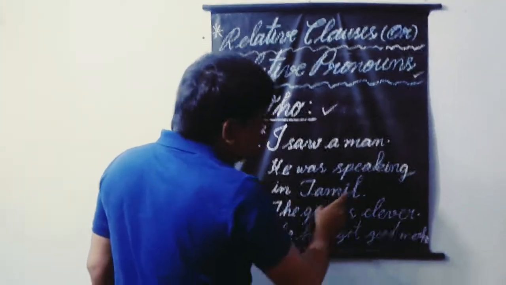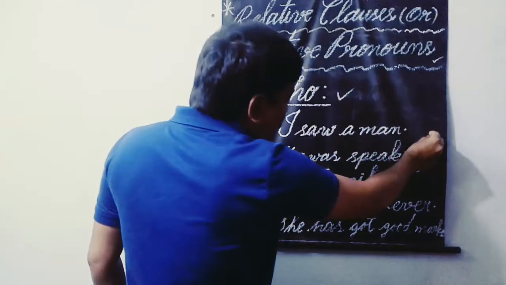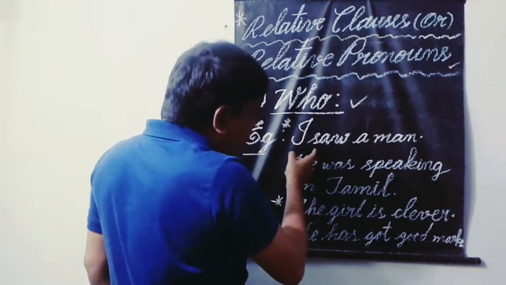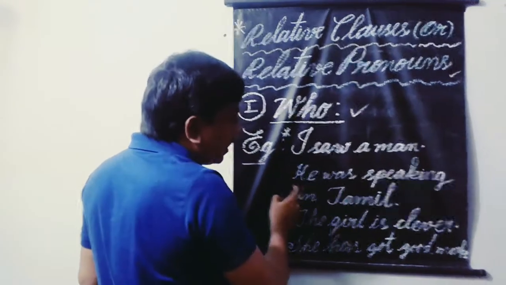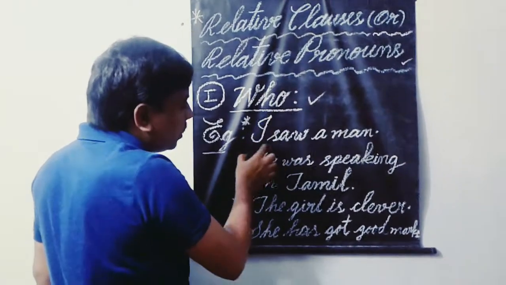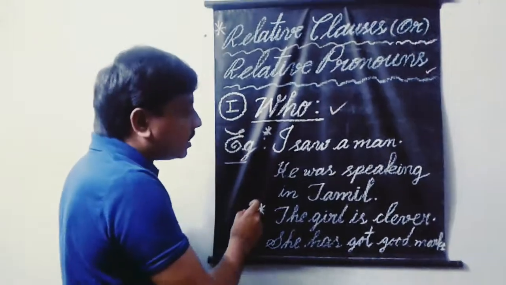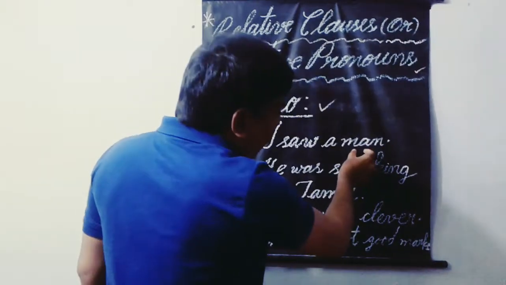I saw a man who was speaking in Tamil. While combining these two, remove the full stop and this pronoun he from the second event, because here who is nothing but the pronoun he. Here we are giving the extra information about the noun man.